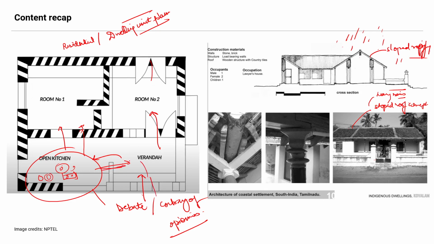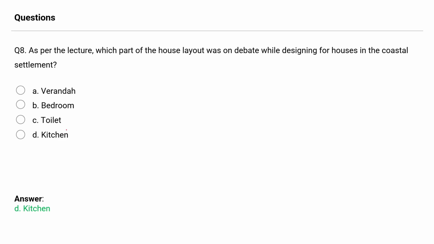You are stepping in and then you see a kitchen. That's not the case which is normally seen, and that's where the people were having contrary opinions. But then when they reached out to the dwellers, they realized that it's not something which they are keen on doing. It's basically the dwellers who have a certain cultural aspect, a certain way of living, and that's where they need to align with it, right? So the correct answer is D, which is the kitchen.